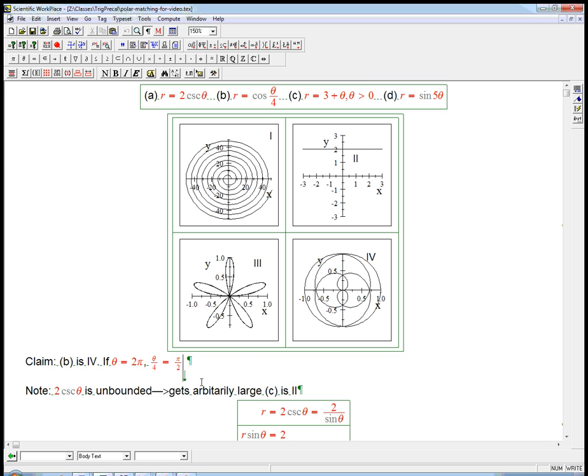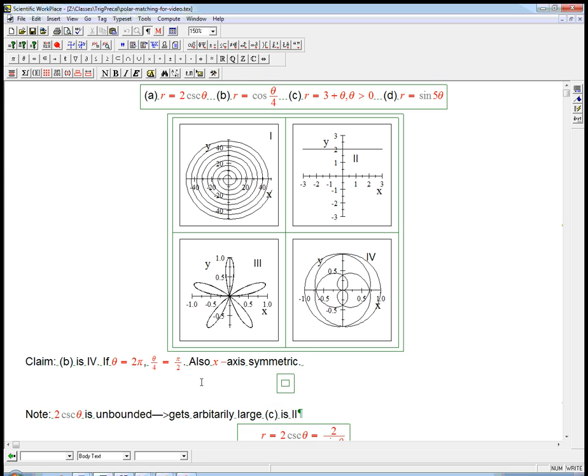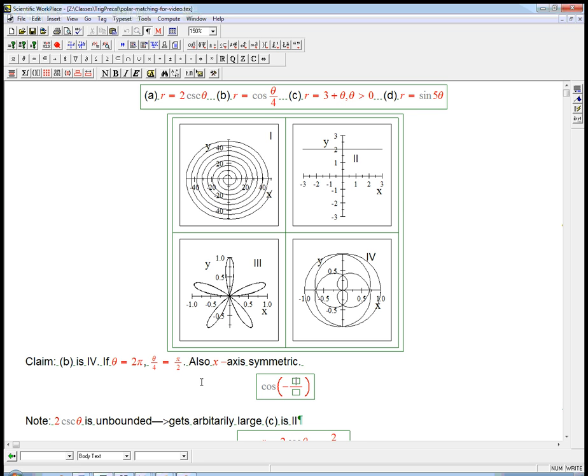Oh, one other thing though. Also, it's x-axis symmetric. Ooh, that doesn't work. And that's because if I put in cosine of minus theta over 4, God, I keep confusing my pi's and my thetas. Because cosine is an even function, that is the same as cosine theta over 4.